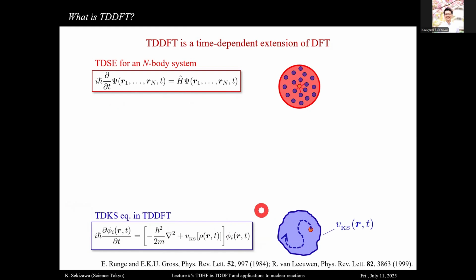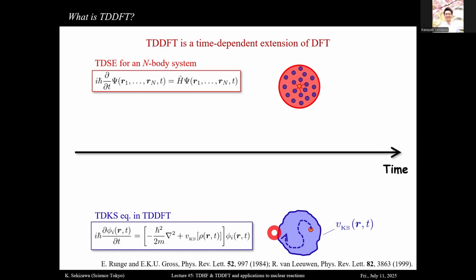Okay, so the complexity is quite different. For this, we just have n single-particle orbitals, and we just solve this one-body Schrödinger-like equation, and the density and the potential are constructed from all the nucleons in the system. Okay. So those look different. But in the case of density functional theory, TDDFT, those are actually related to each other.